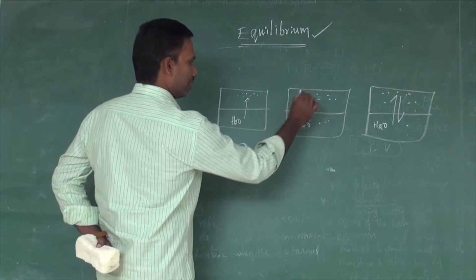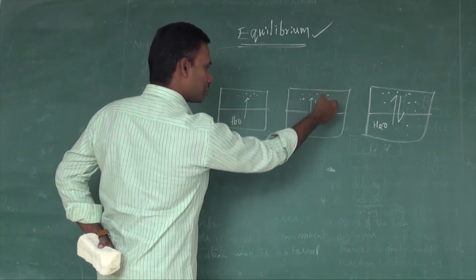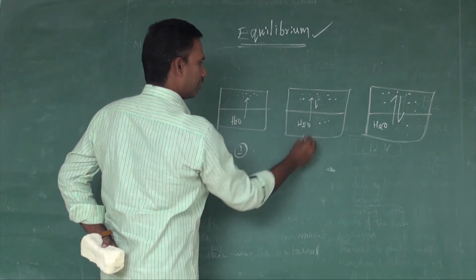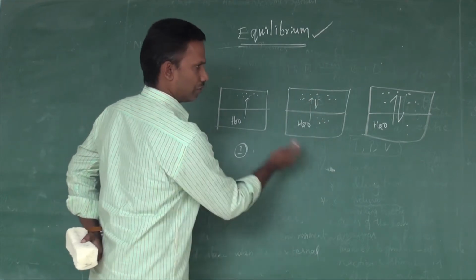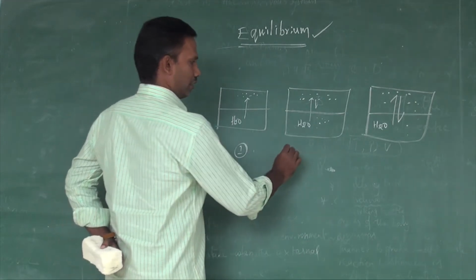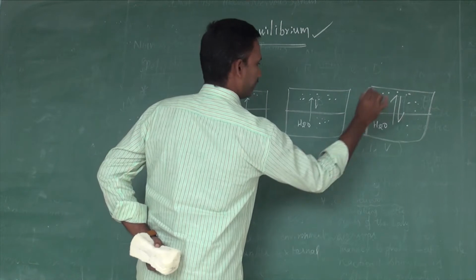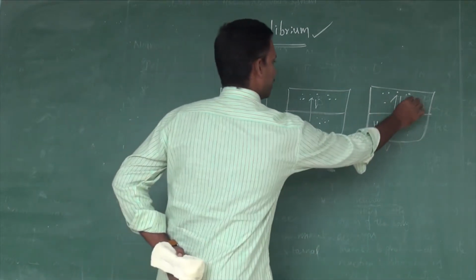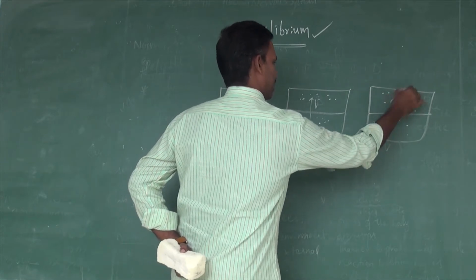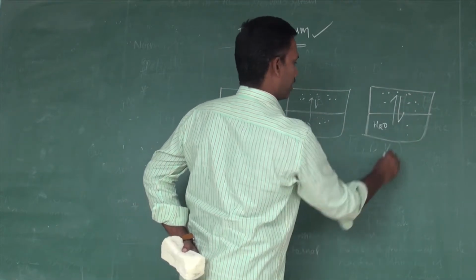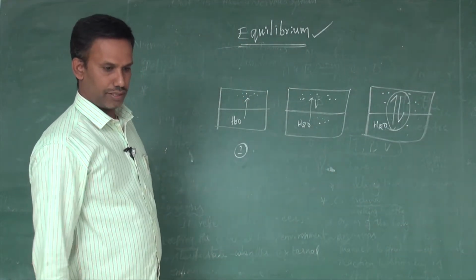After some time, the gas condenses to liquid again, but not at an equal rate, maybe slower. This is the initial, intermediate and final stage. This is the state of equilibrium: when water liquid becomes gas and gas becomes liquid, both at an equal rate. This is called equilibrium. This is an illustration of physical equilibrium.